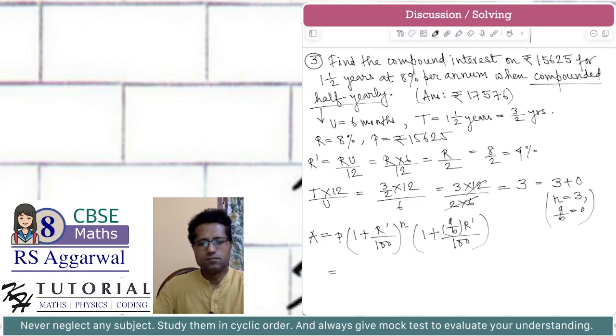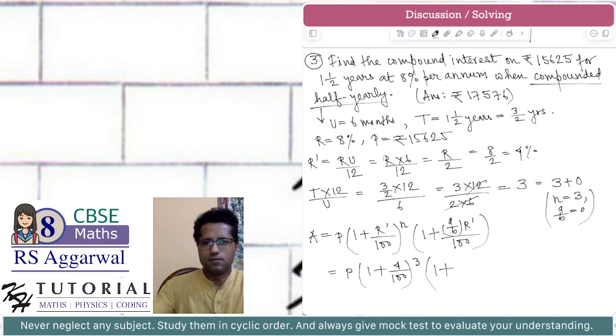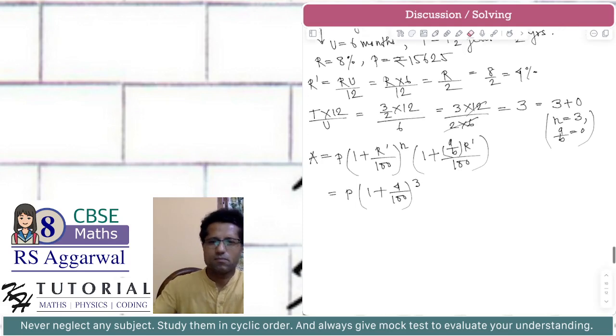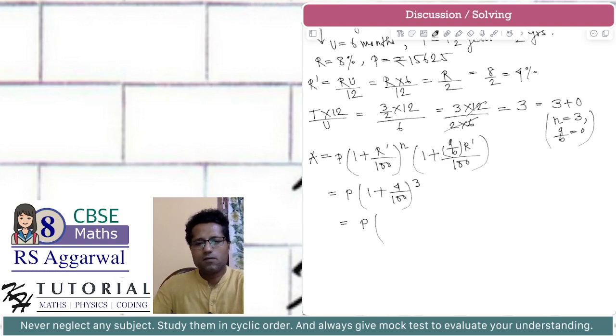This is equal to, we can say, P into 1 plus R dash is 4, so 4 by 100, n is 3, and we have 1 plus this whole thing becomes 1 because a by b is 0. We have this. This is equal to P into 1 by 25 cube.